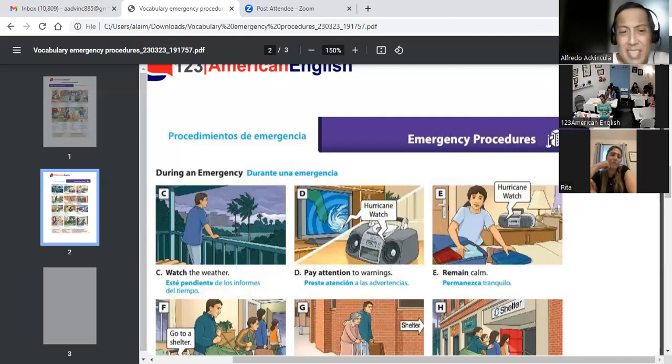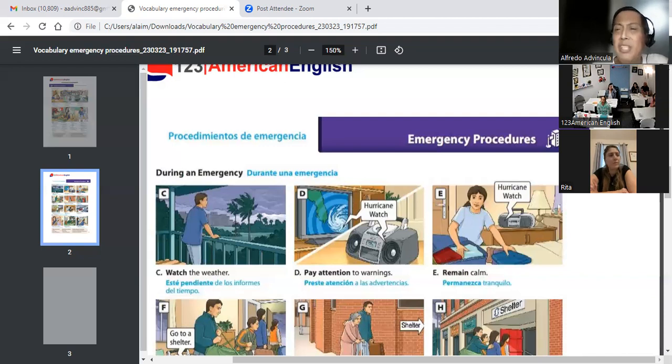So, yeah, these examples here, so far we've been talking more about hurricanes, because these are the examples they've been giving us. But we also have others. Can anybody tell me what are some other types of natural disasters? Raimundo, could you tell me a few others?